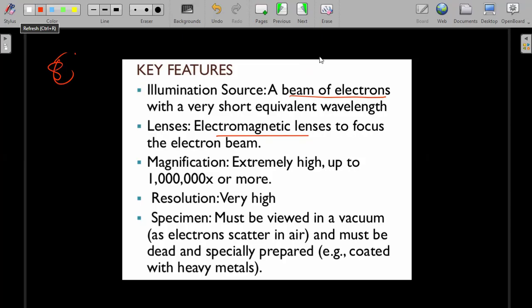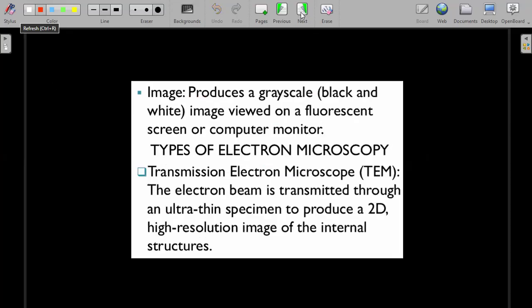It has extremely high magnification and very high resolution. The specimen must be viewed in a vacuum and must be dead and specially prepared. So you use it to view a dead specimen, and that specimen should be in a vacuum.